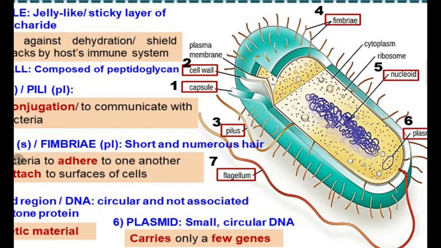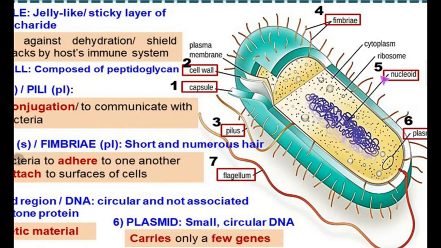Next, number 4 is fimbriae. This structure is almost similar to the pilus, but fimbriae are numerous and shorter than pilus. After this, we will look at the functions of the fimbriae.